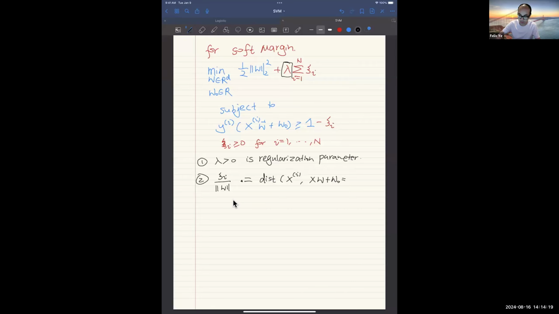If it is 1, that will be 1. If it is -1, that will be -1. So this will be just y i. So this is corresponding to margin boundaries.